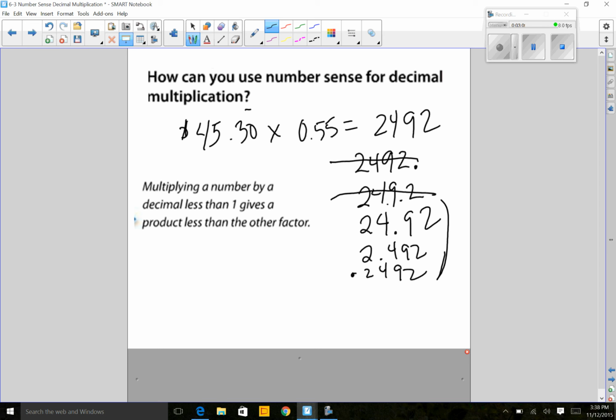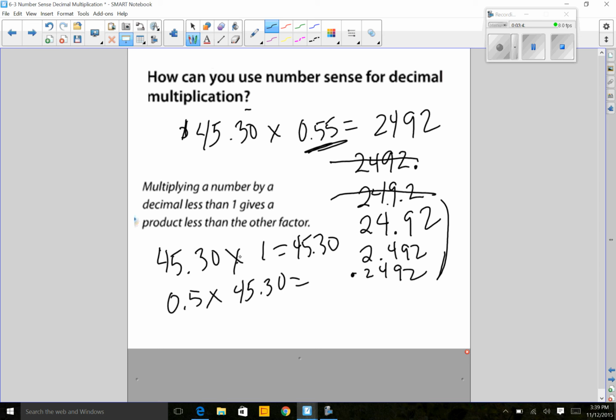So let's think about this for a second. If I multiplied $45.30 times 1, I would get $45.30. But I want to multiply by 55 hundredths, which is awfully close to 5/10.